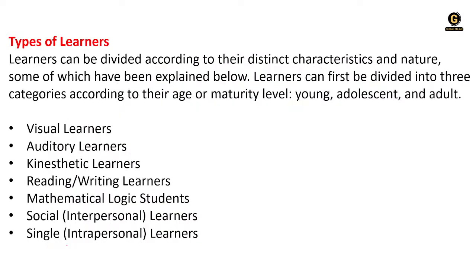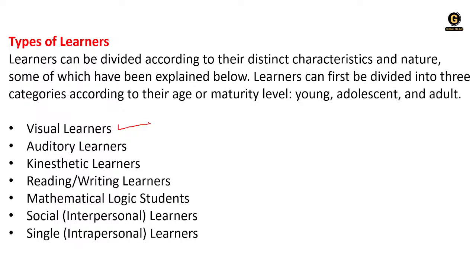Now there are some types of learners. There are different kinds of learners who are more interested in learning through different styles. For example, visual learners. Who are the visual learners? Those who are more interested in learning through videos, charts, and by watching images.